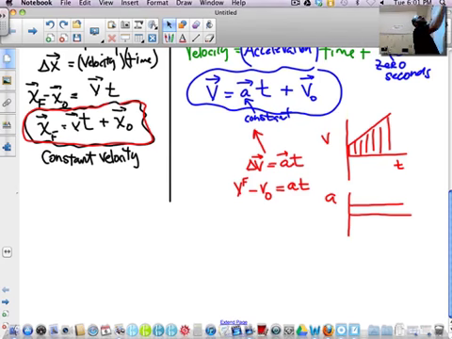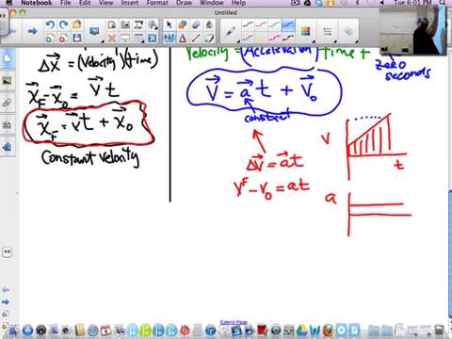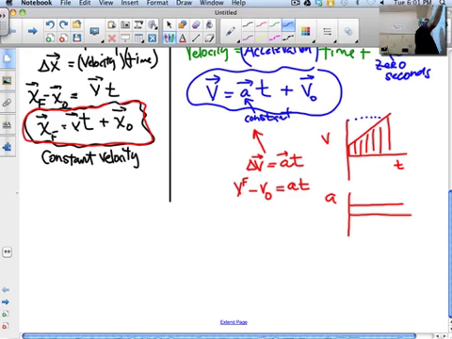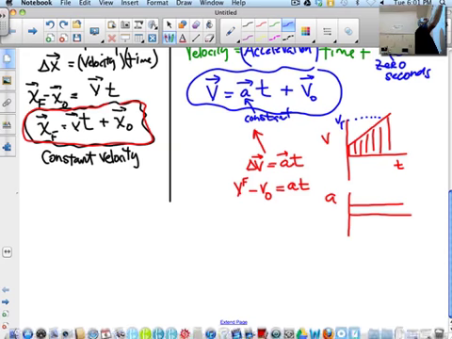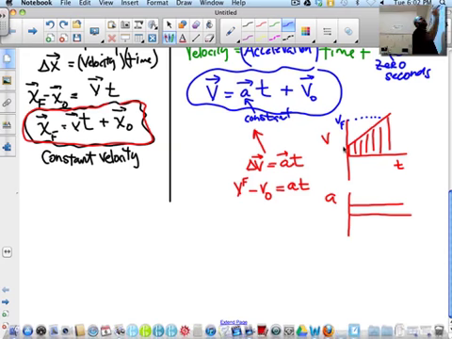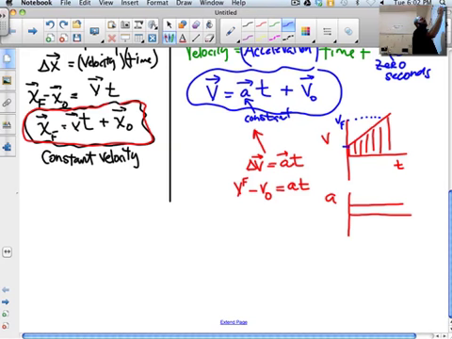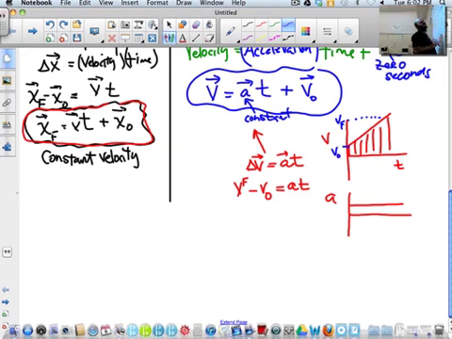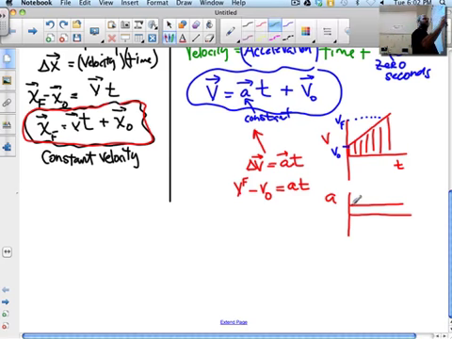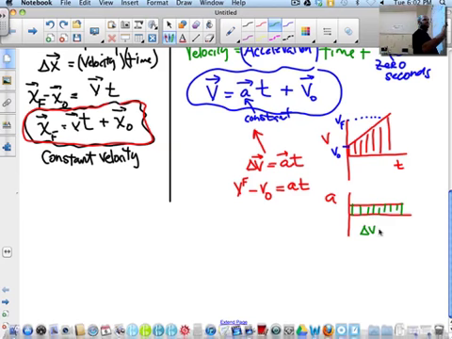This value at the end is my velocity at the end, v final. And this value here is my velocity in the beginning, just by reading the graph. And taking my acceleration graph, that area is equal to my change in v, which is at.